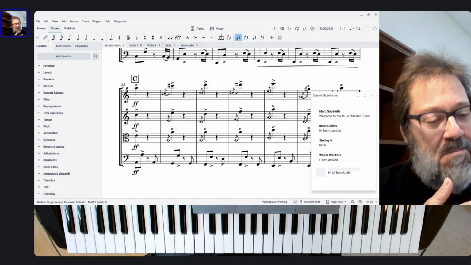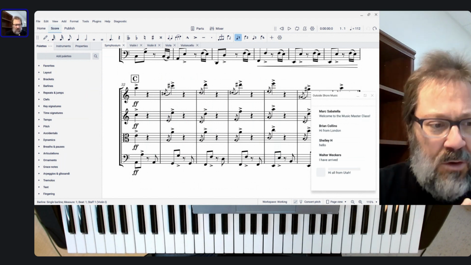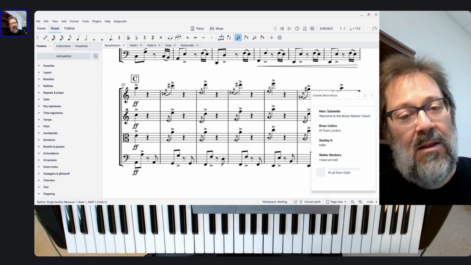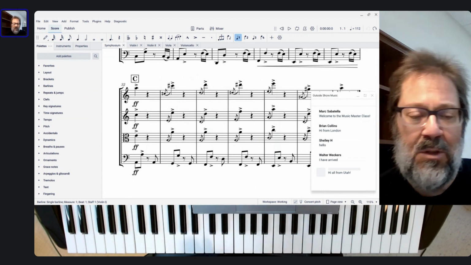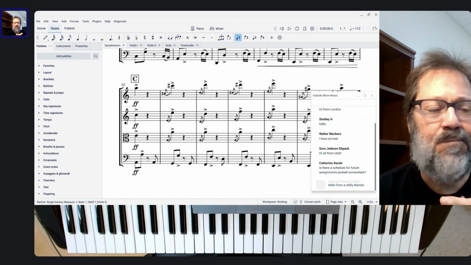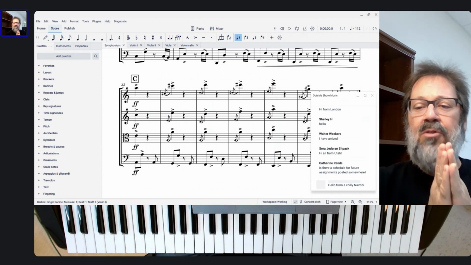So the same basic principles apply also to masses. The parts of a mass are often set in the same way, and a lot of madrigals have a fairly similar type of structure also. And so we're looking at that type of music.